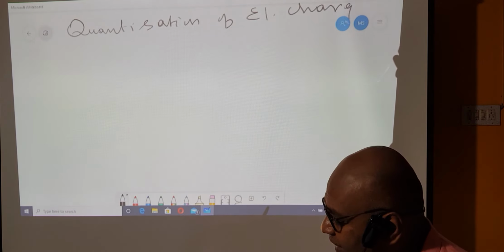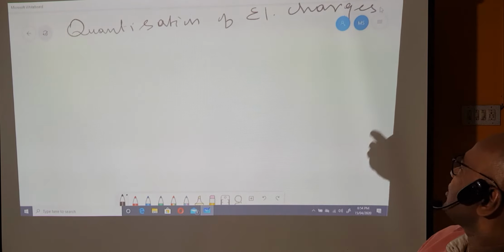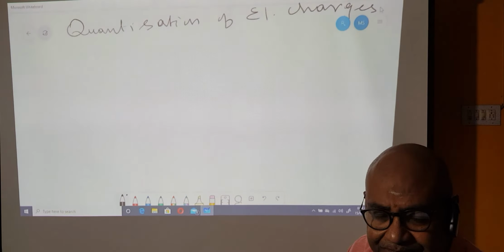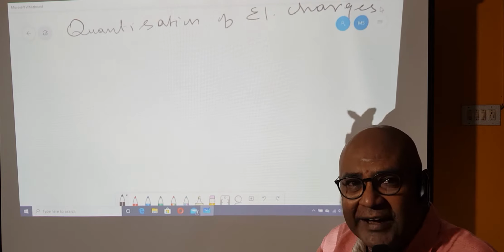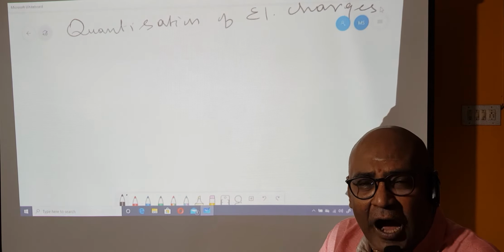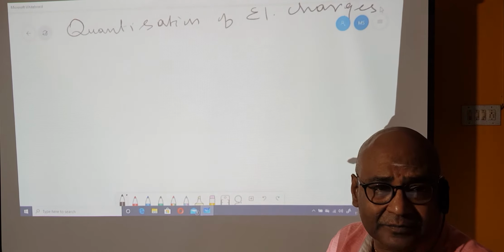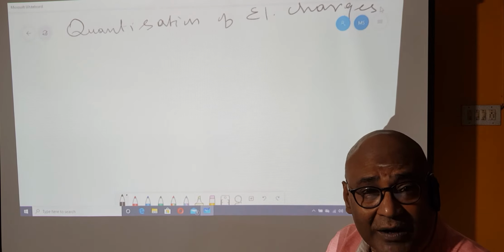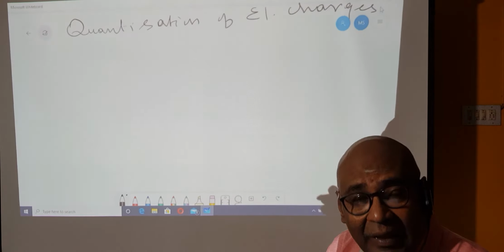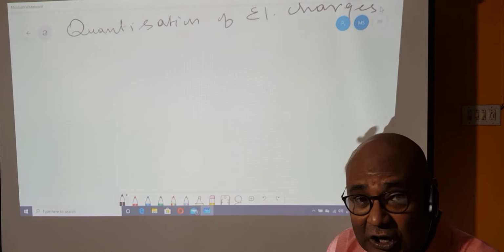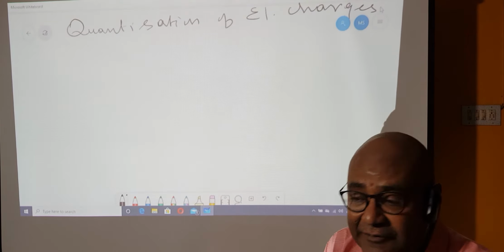What do you mean by quantization of electrical charges? What do you mean by quantized? Quantized means well defined, isolated like that. The electrical charges are well defined.